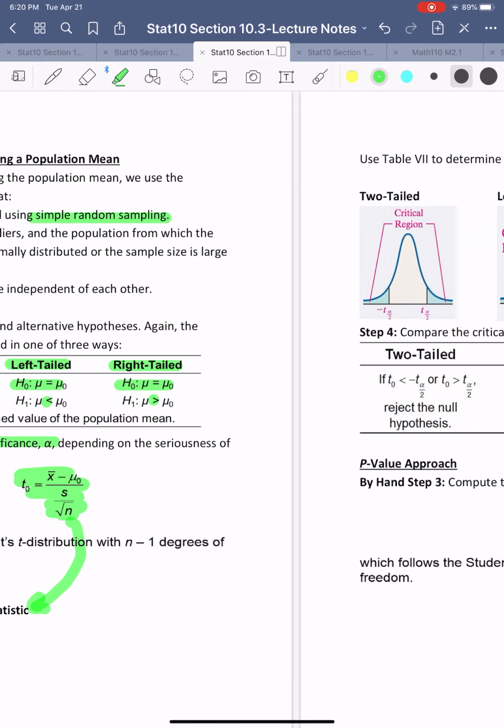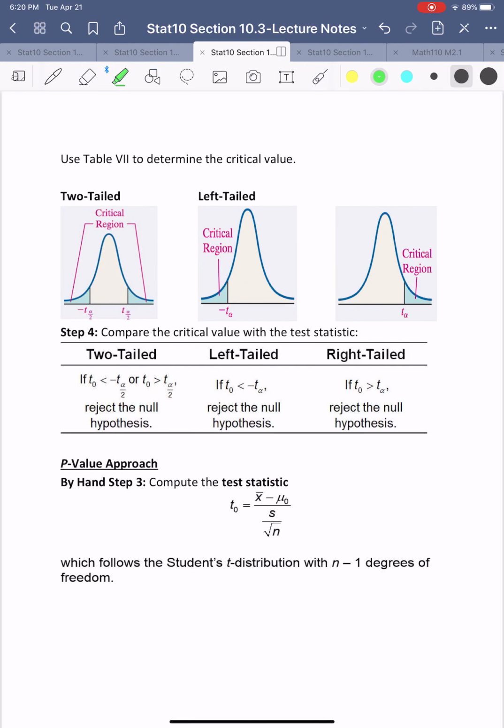So the classical approach: use table 7 to determine the critical value. You'll see the t distribution, which we did in class. The two-tail has the critical region on both sides, right? If the test statistic falls in the critical region, we reject the null hypothesis. The left tail has its critical region on the left, and the right tail has its critical region on the right.